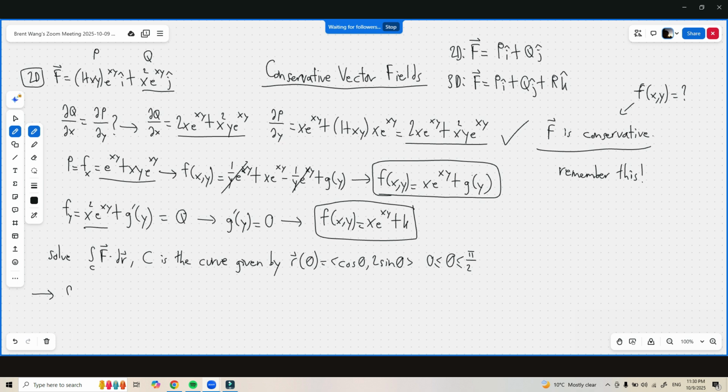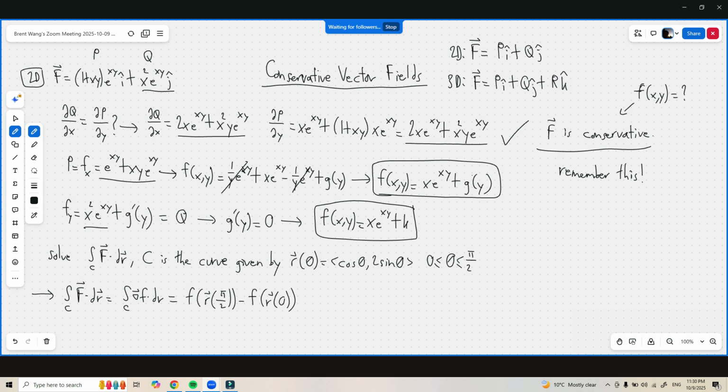So that means the integral over C of F dot dr is equal to the integral over C of gradient f dot dr, which is equal to f of r of pi over 2 minus f of r of 0.